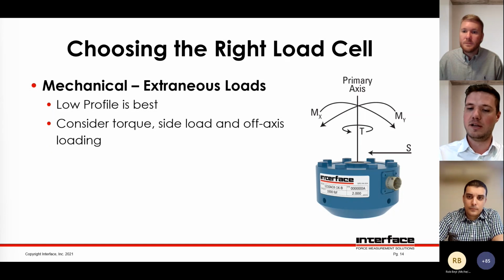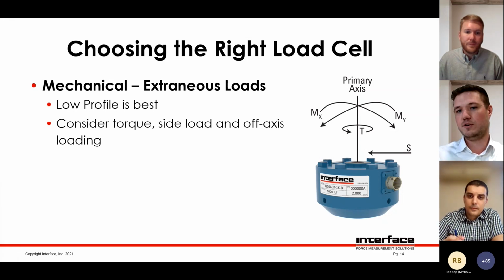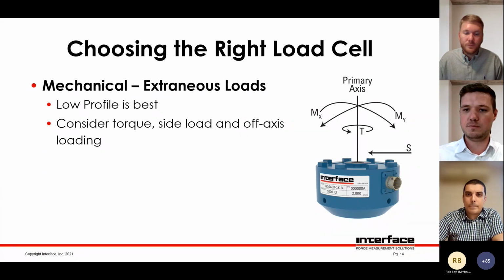So even though you're only applying, in this case, it's a 1,000-pound force load cell in the picture. So you're applying 1,000 pounds force and you're applying 1,000 pounds force side load, you may damage the load cell that way, even though you're not specifically overloading it on the primary axis. So it is something to be very aware of, and it's something that causes a lot of errors in a lot of systems. So it needs to be accounted for.